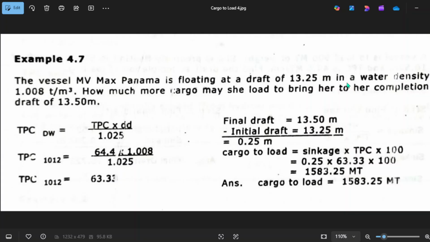It doesn't say here the trim or if he has a trim. So we just assume that he's even keel, because this is the mean draft of 13.25 with the density 1.008. So it doesn't say if he has a trim, by the head or by the stern. But this draft is 13.25, which is the mean draft.